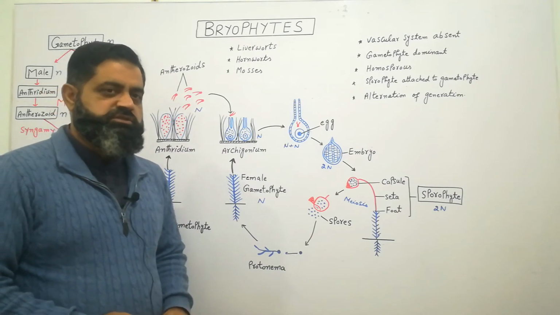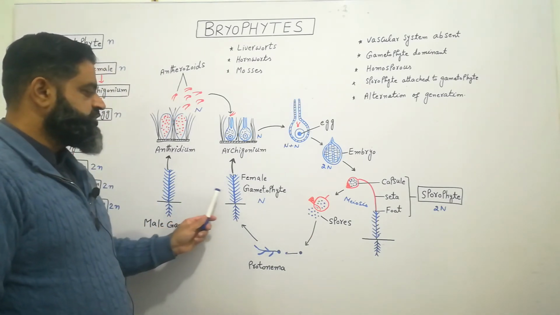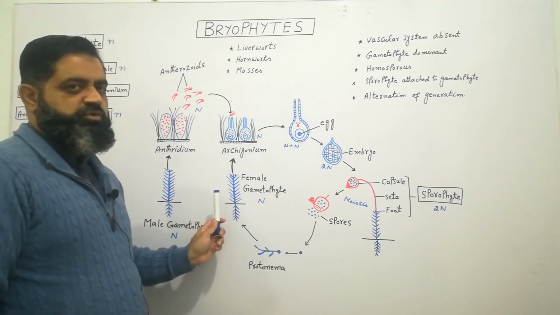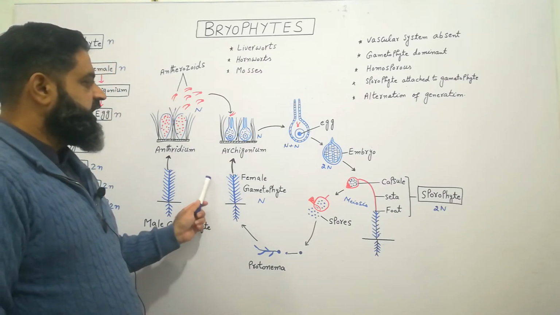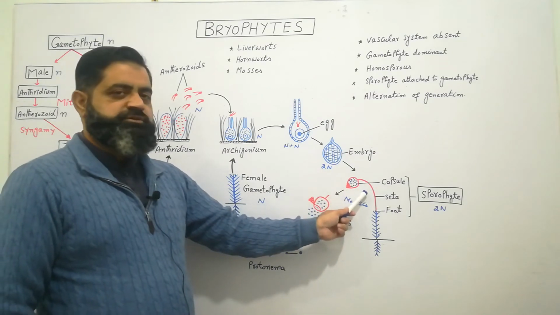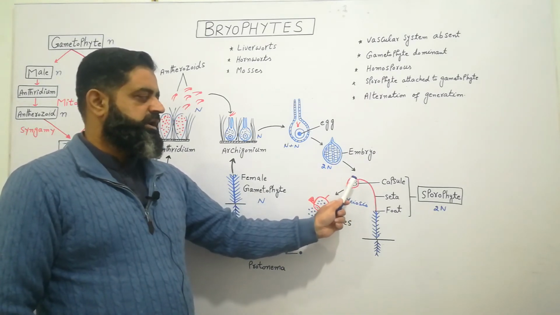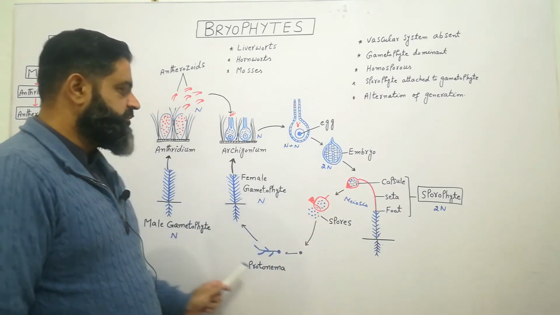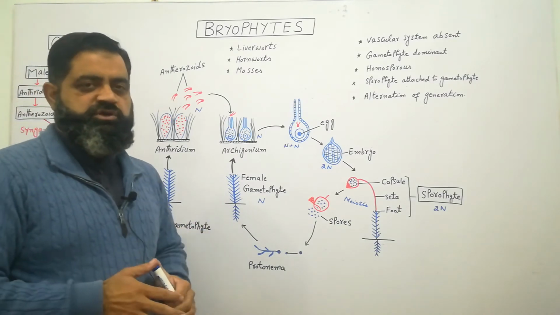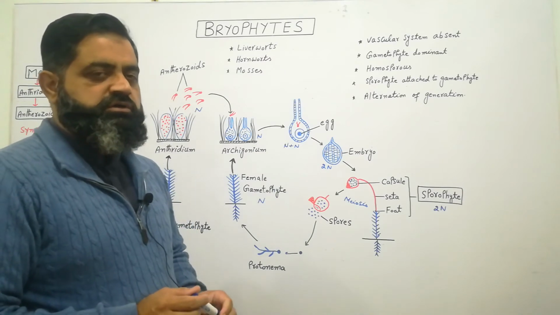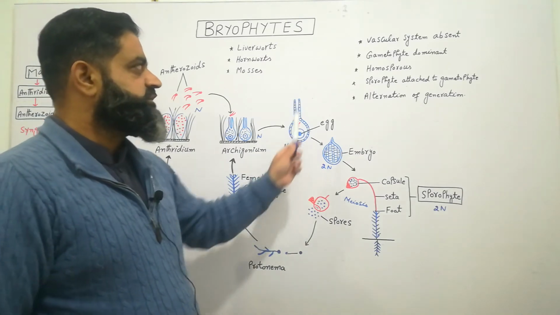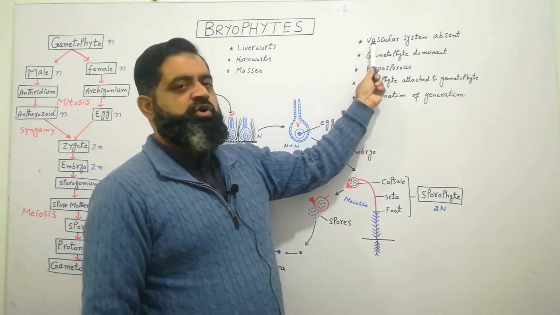As you can see in this life cycle, these two plants, known as the gametophyte generation, give rise to the sporophyte generation, and the sporophyte generation by spores produces the gametophyte generation. This whole phenomenon is known as alternation of generation. If we look at the summary of the bryophytes, bryophytes are non-vascular plants.